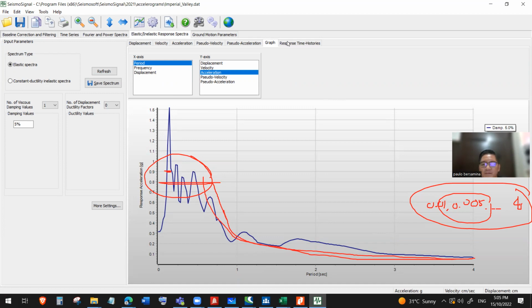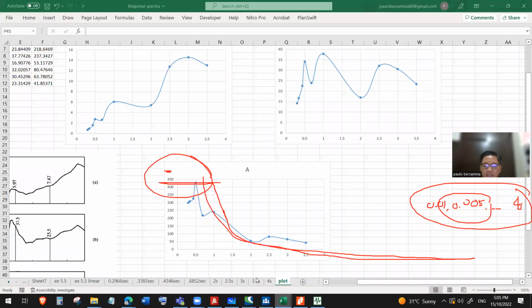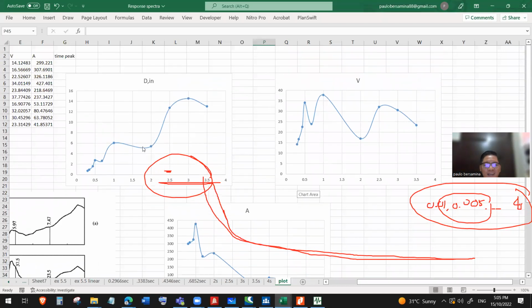Sir, for example, nakagawa kami ng maraming, na-plot namin yung mga response with regards to different periods. Paano namin siya gagawing isang file, isang plotting lang?